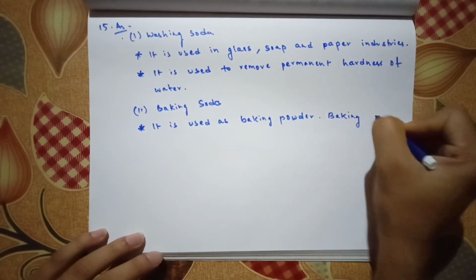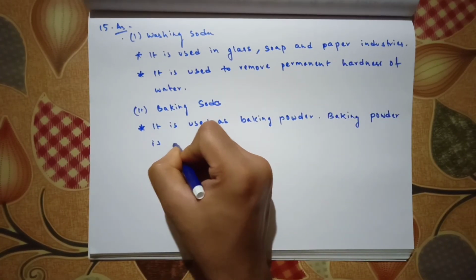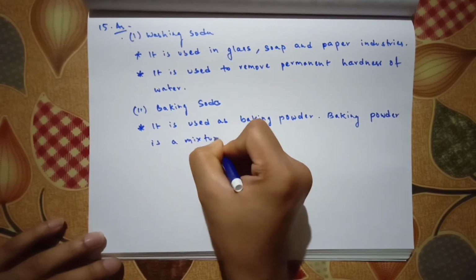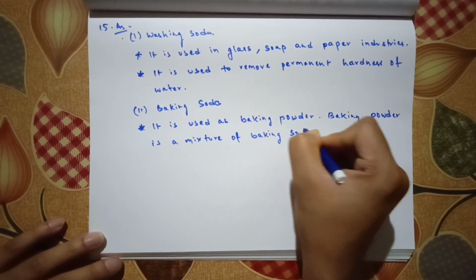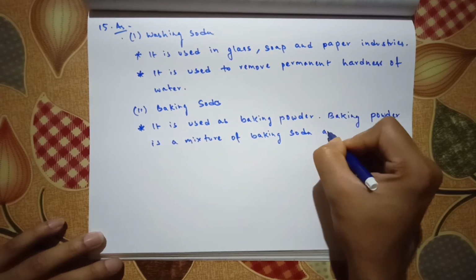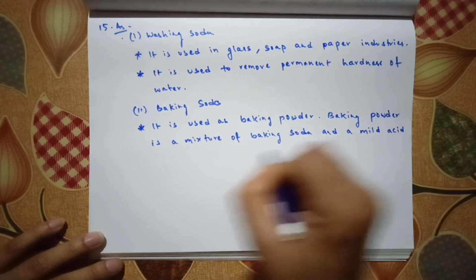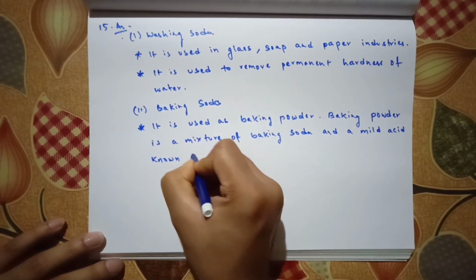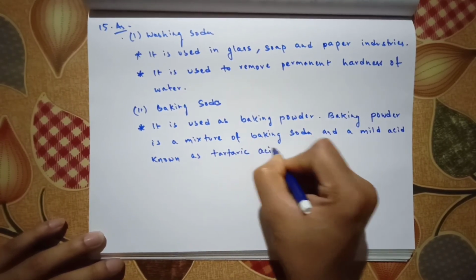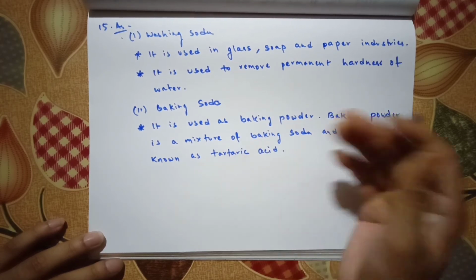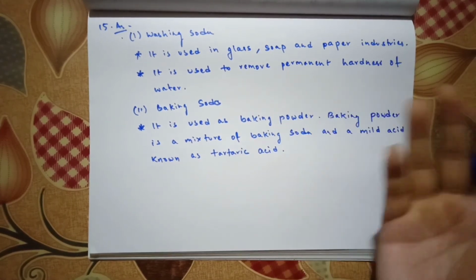Baking powder is a mixture of baking soda and a mild acid known as tartaric acid. When it is heated or mixed in water, it releases CO2, which makes the bread or cake fluffy.